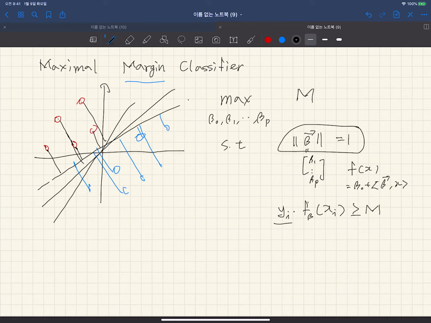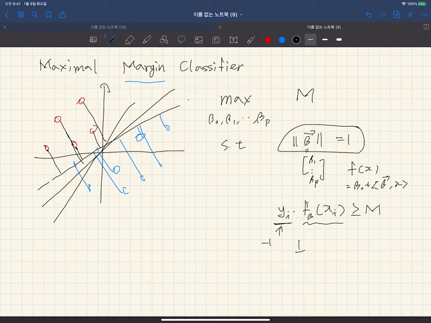And why do I multiply y_i? So y_i is either -1 or 1. So 1 if data point i belongs to the red class, and -1 when the data point is blue. Then since the sign of this function tells you which side your data point belongs to, y_i times f_beta gives you the true distance.